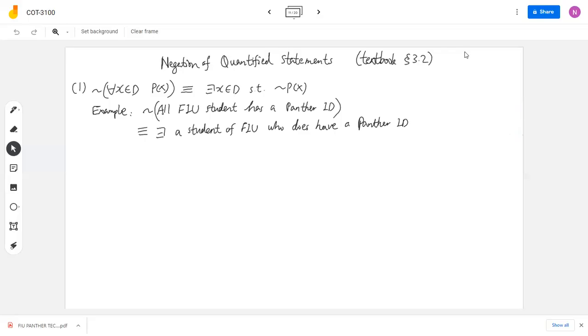Okay, let's look at the second example, the second type of negation. If my quantified statement is there exists an x in D such that Q(x), let's look at what will be the negation of such a quantified statement.